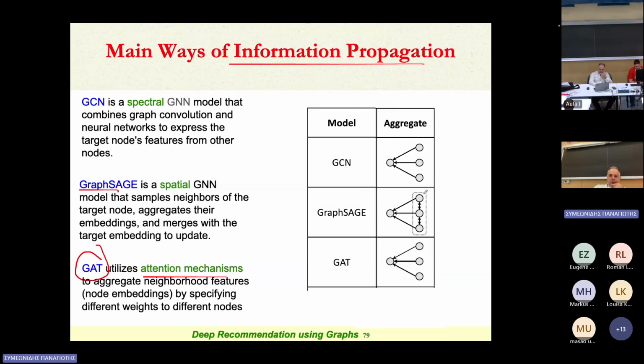And as you can see here in this visualization, the idea is how you will propagate information from the other nodes to the features of the target node. So how you will make this aggregation, or how you will consider one node as more important.